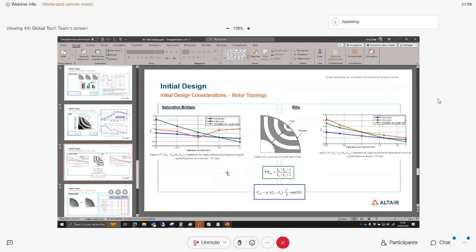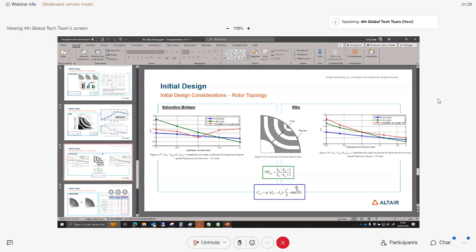Yeah, then the other impacting point is the bridges and the ribs. So the bridges we have in the middle, and the ribs we have here on the circumference.